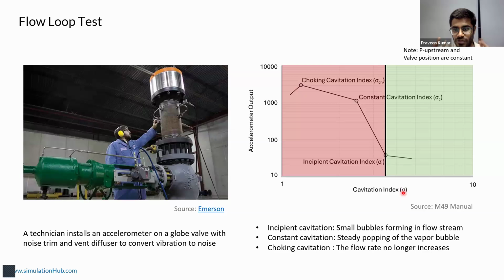To summarize, you take this sigma I, the incipient cavitation index value, and calculate your operating cavitation index sigma for your operating condition. Compare it with sigma I. If it is less than the incipient value, you are entering the cavitating zone. If you are operating above the incipient value, then you are safe. So that's the summary of it.